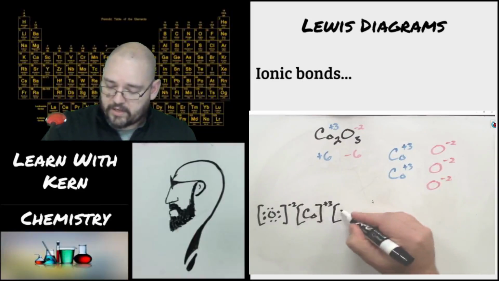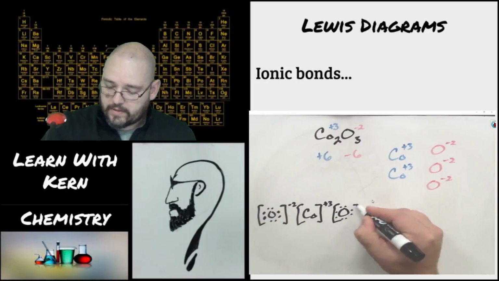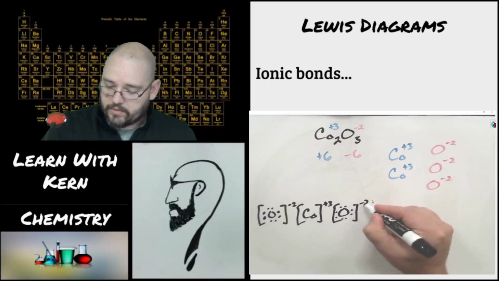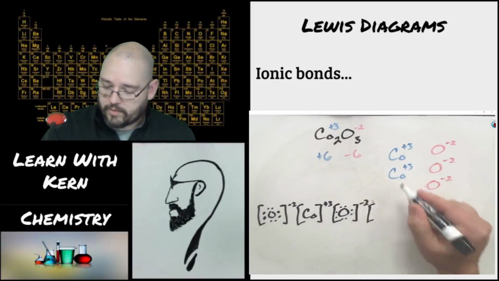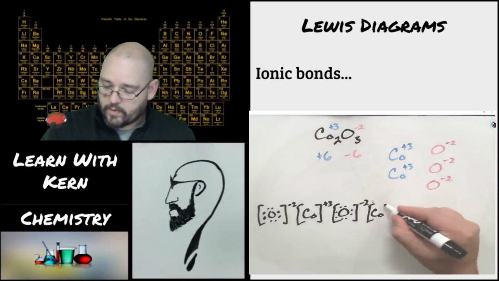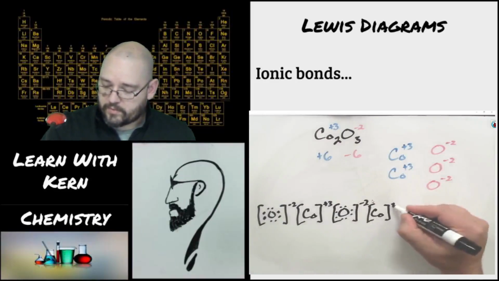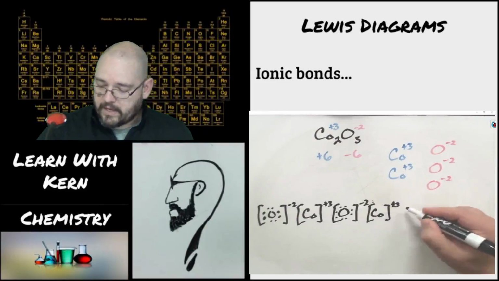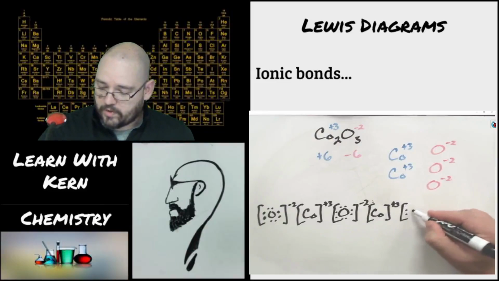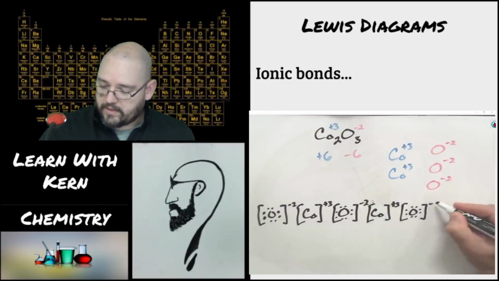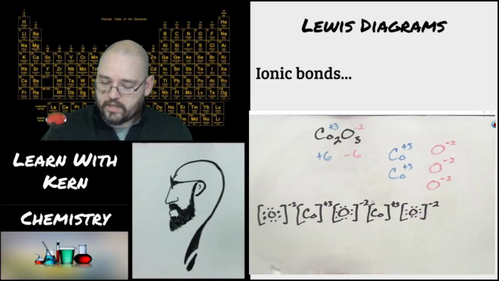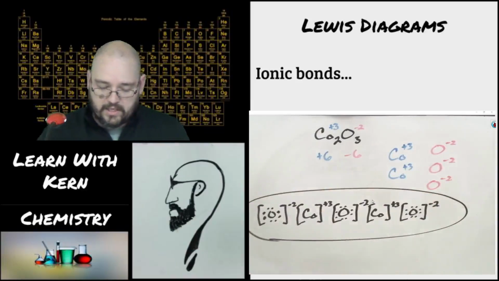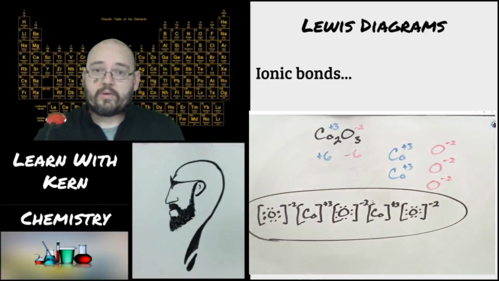And then I have another oxygen with all 8 of its valence electrons and a -2 charge. And then I have my other cobalt with its +3 charge. And then our final oxygen with all 8 of its valence electrons and a -2 charge. So this would be the Lewis dot diagram for Co2O3.